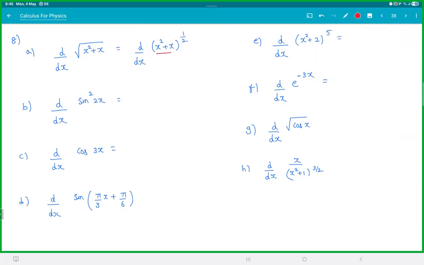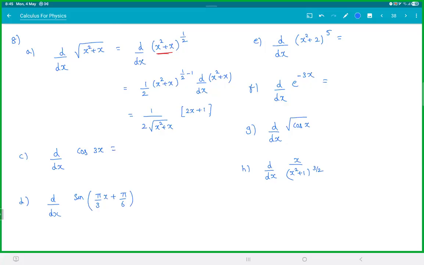So this is a function to the power of half. So that would be half into x square plus x. So this is looking like x power n. So half minus 1. And then differentiate whatever is inside. That is x square plus x. That would be 1 by 2 root over x square plus x. And this differential would be 2x plus 1.